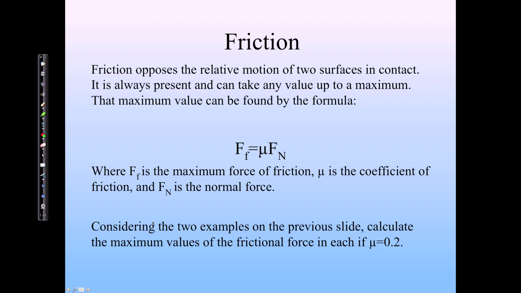So let's do this. Let's take the two examples from the previous slide and calculate the maximum values of friction for each, if mu, this is the Greek letter mu, is equal to 0.2.